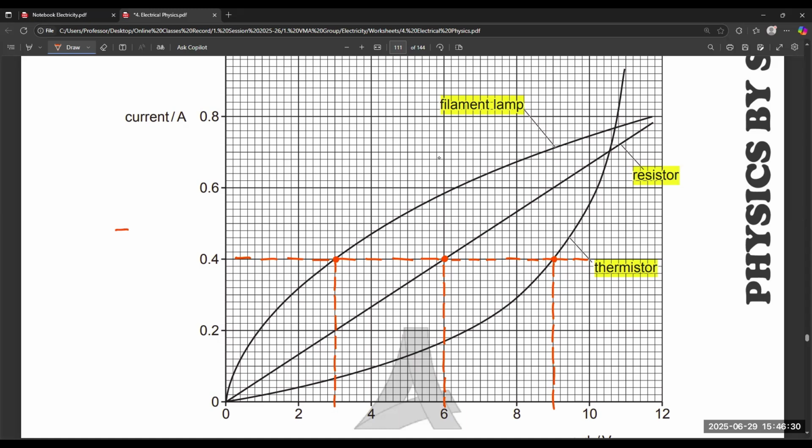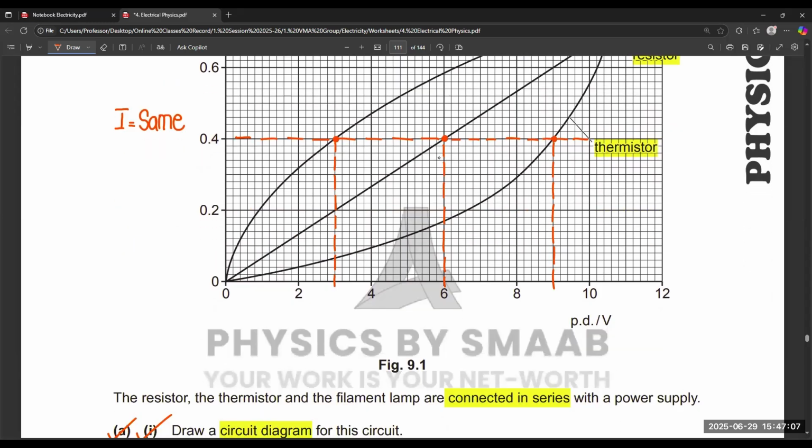Because current remains the same, if the current for the resistor is 0.4 ampere according to the voltage given in the question, and if we draw a horizontal line, in which the current remains the same, that line crosses the other graphs of the components, and we can mark the value of the voltage on the x-axis. So we have different results. First one is for the filament, which is 3. Second one is the thermistor, 9.